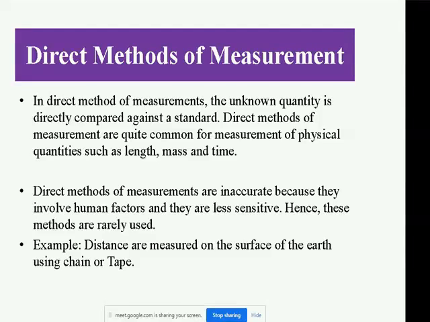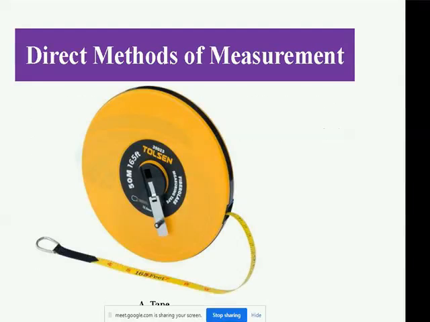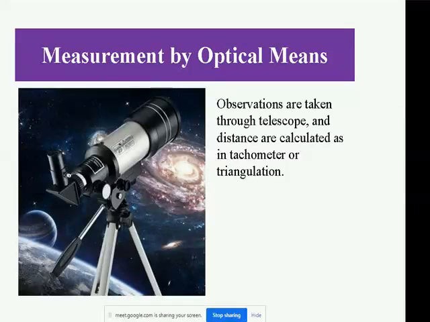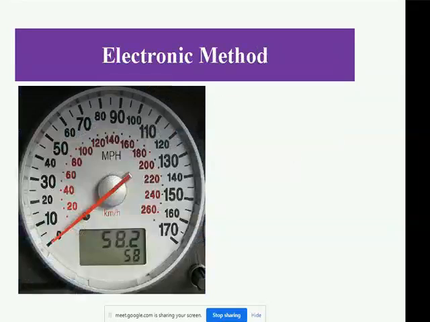So chains are used for measuring length, and small distances are measured with the help of a tape. Large distances like solar distances are measured with the help of binoculars or telescope systems. And a distance on a road can be measured cheaply with the help of a speedometer.